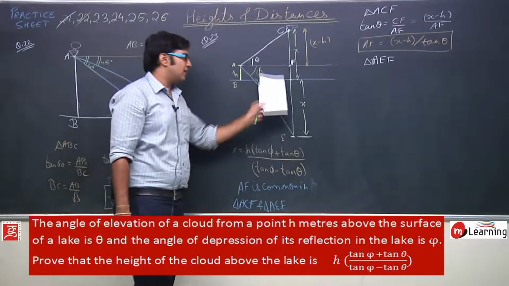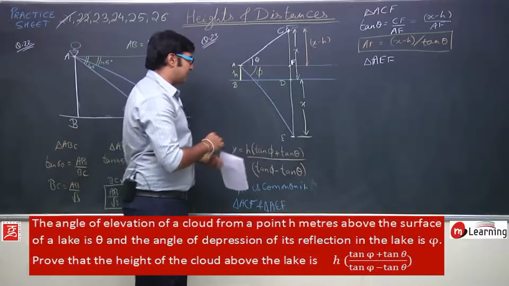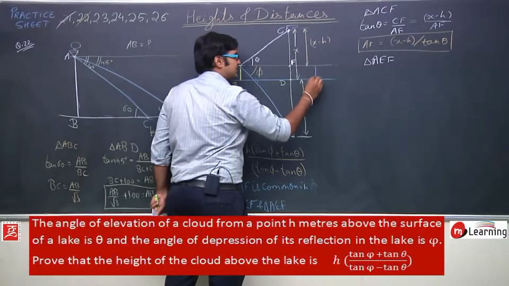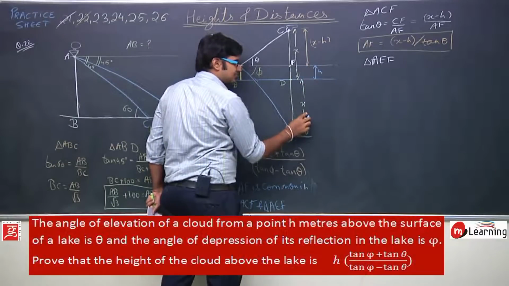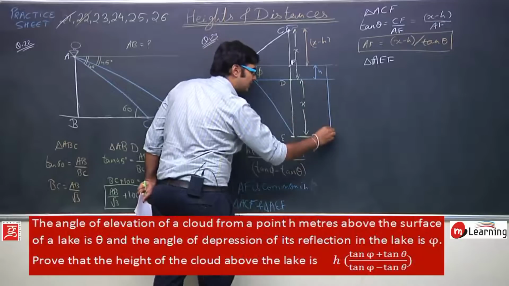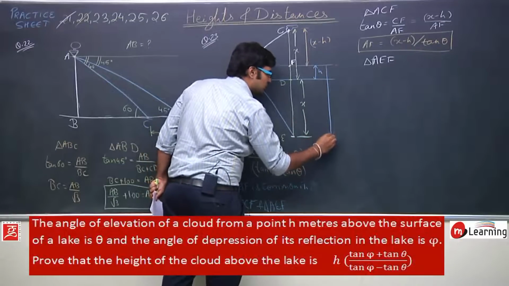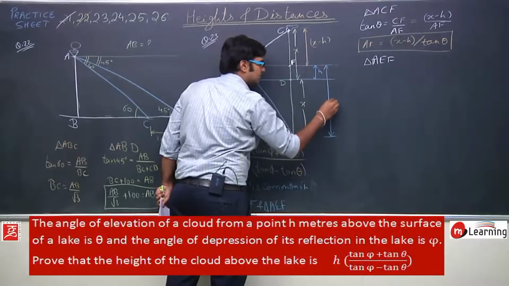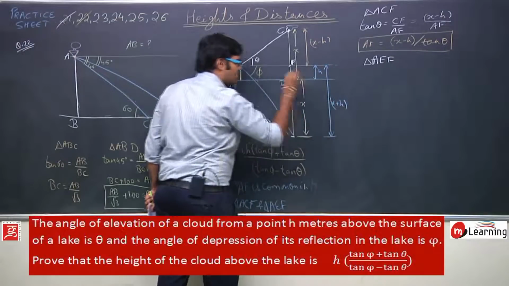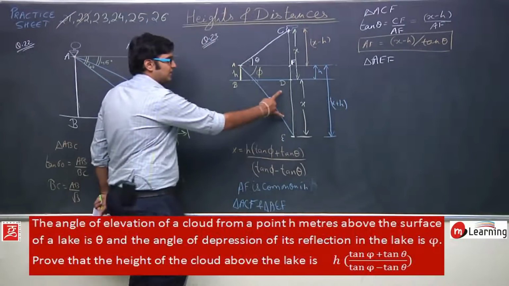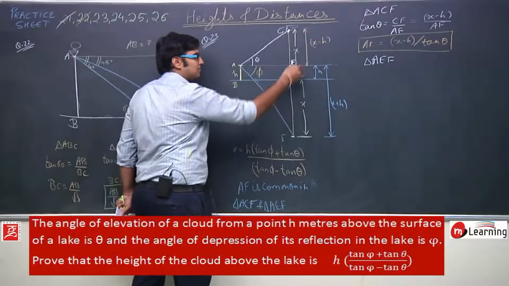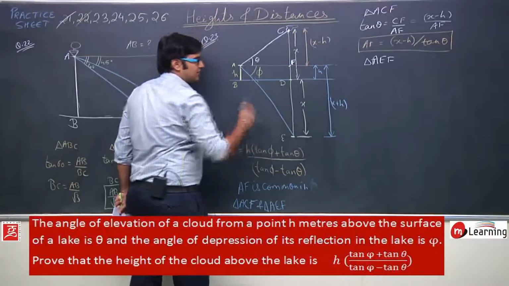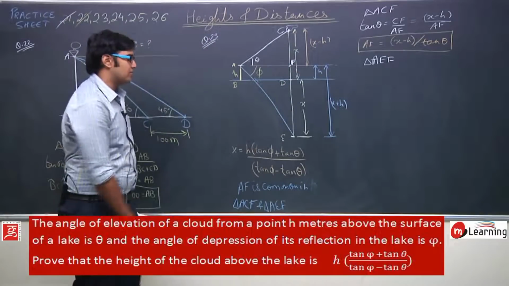Now what is the length of FE? It can be seen that this is H and this is X, so the length will be X plus H, which is ED plus FD.